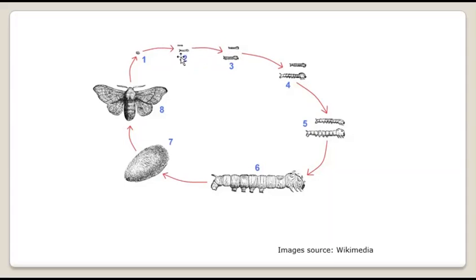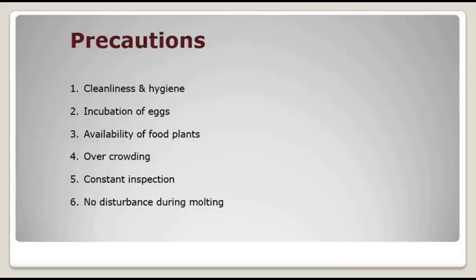Molting occurs every 6 to 7 days of the larval instar, and this is again very important. While molting, if disturbance is there, then what? That can cause even the death of the larvae, or it can disturb the normal development of the larvae.